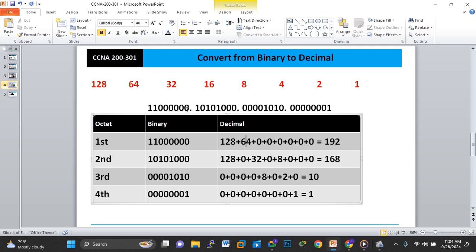All these other zeros, you place them under the rest. When we add them, it will give us what? 192. Now we have placed this 1 1 under these. After adding them, it arrives at what we call 192. If you add 128 plus 64, it will give you 192, which is these two 1s.